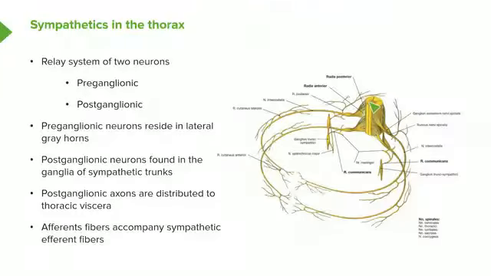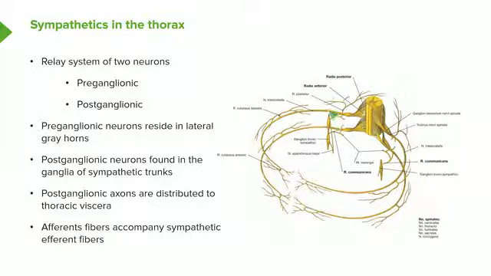So your preganglionic nerve cell body will reside in the lateral gray horn of the spinal cord in about this location. The axon then will extend outwards and then will enter through this communication here to the sympathetic trunk.